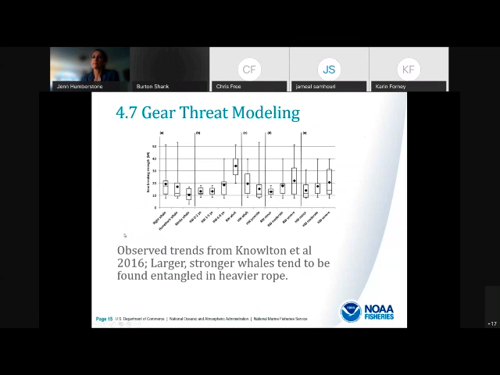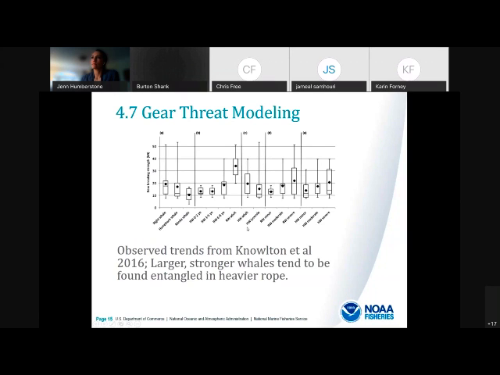The one process we were able to see largely comes from a paper from Knowlton in 2016, which is just the observation that larger whales often are carrying heavier gear than smaller whales. So by species, heavier breaking strength ropes are associated with larger whales. Within species, you see variations by age and by size.